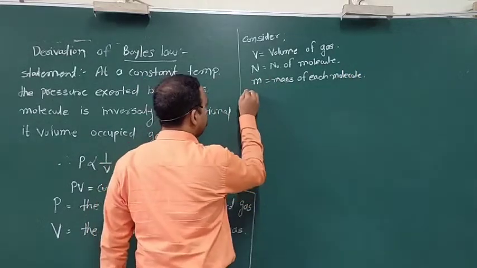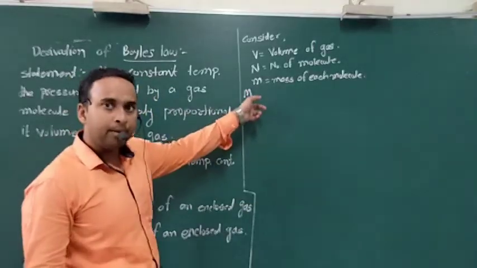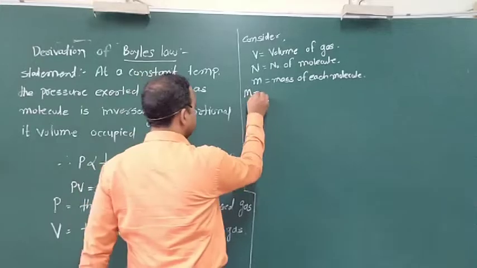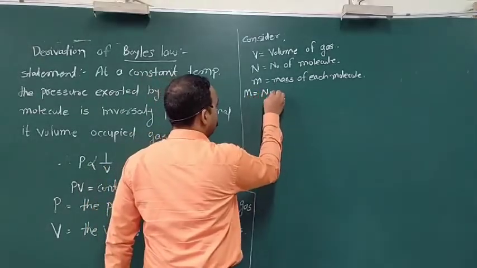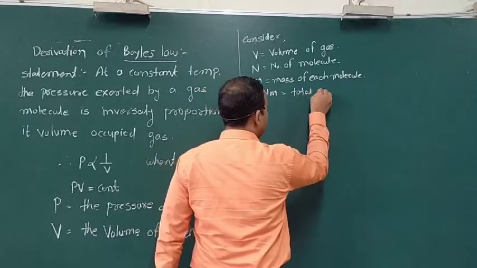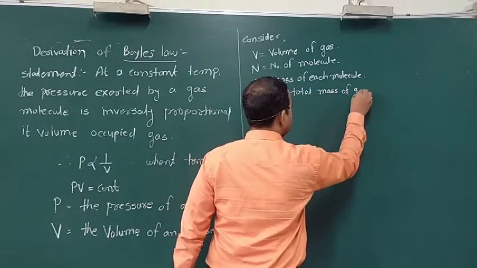So capital M be the total mass of a gas, that is equal to N into m.